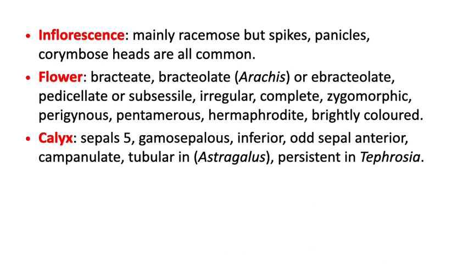Calyx consists of five sepals, which are gamosepalous, inferior, odd sepal is anterior, campanulate, tubular in Astragalus, persistent in Tephrosia.